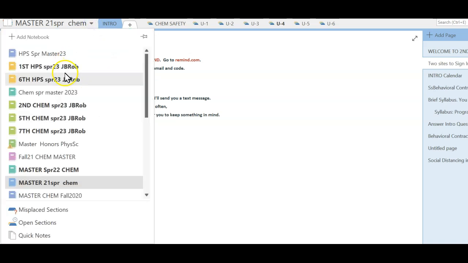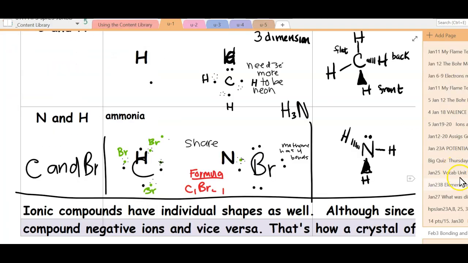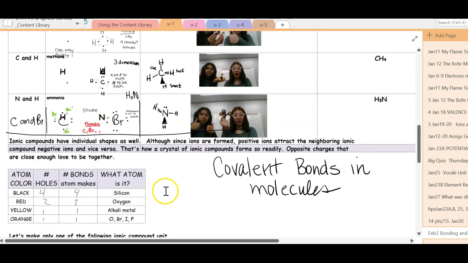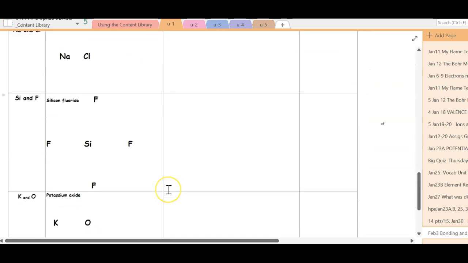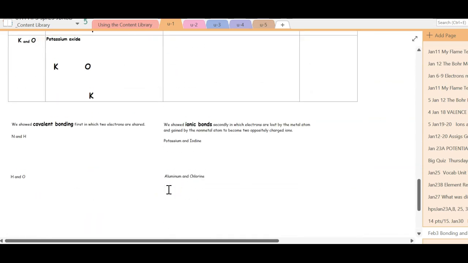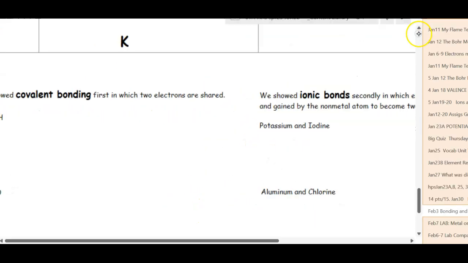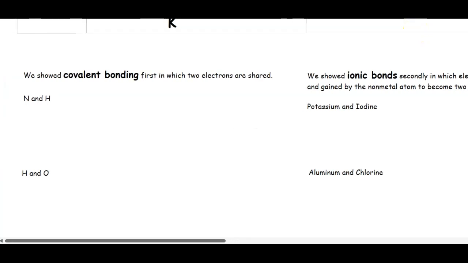Somehow I've just lost my page. All right, here we are. Let me go down here where I think I wrote something. All right, I did. So what I wanted to do is talk to you about the fact that we showed covalent bonding first, in which 2 electrons are shared.